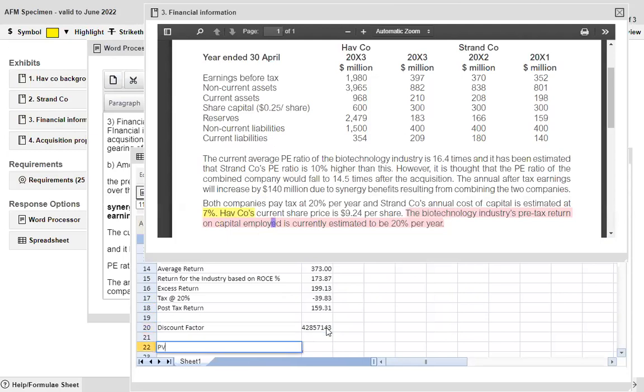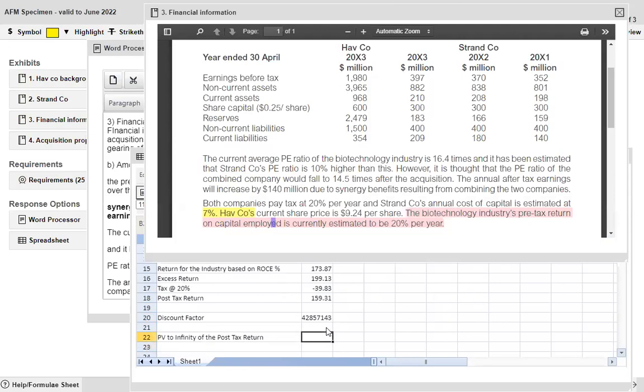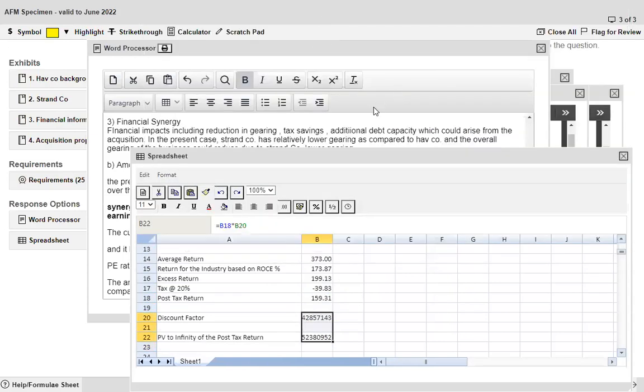Hence the present value to infinity of the return is going to be this multiplied by this. So this is what it is going to be.